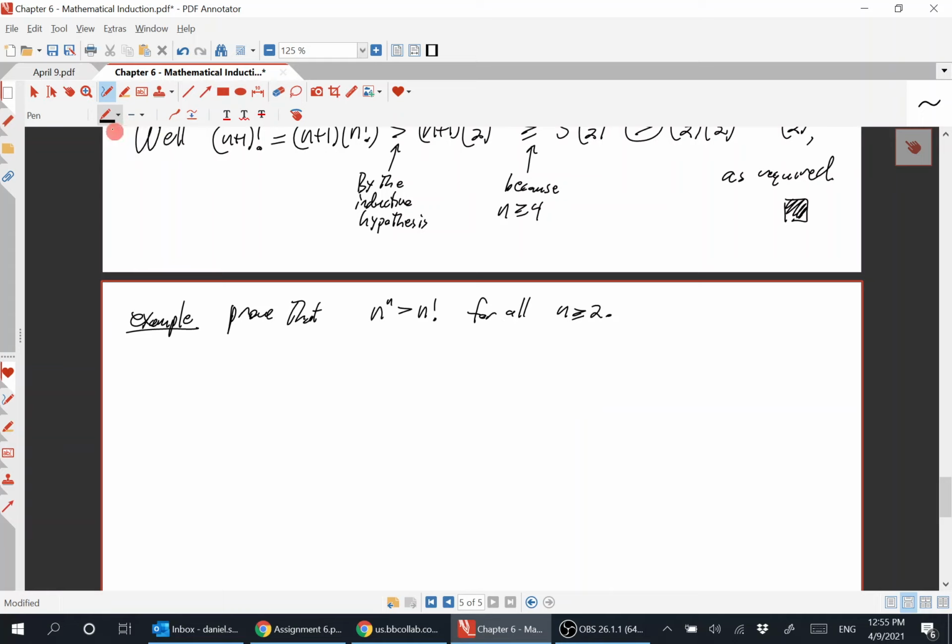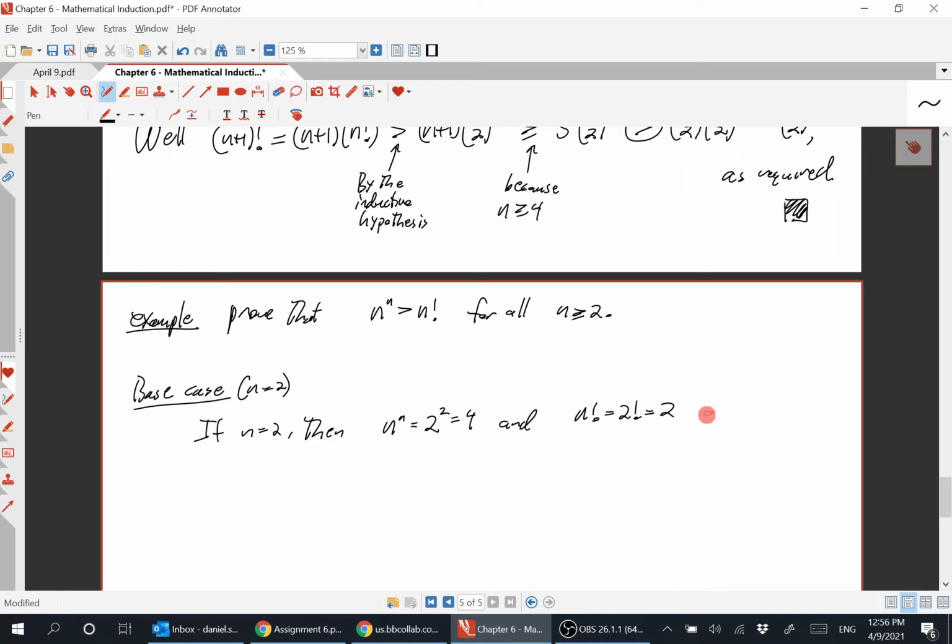All right. So base case. Right, in the base case here, n is equal to 2. Well, what's n to the n when n is equal to 2? So if n is equal to 2, then n to the n is equal to 2 to the 2 is 4, and n factorial is 2 factorial is 2, right?